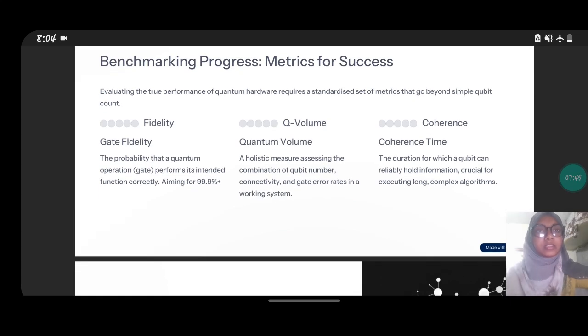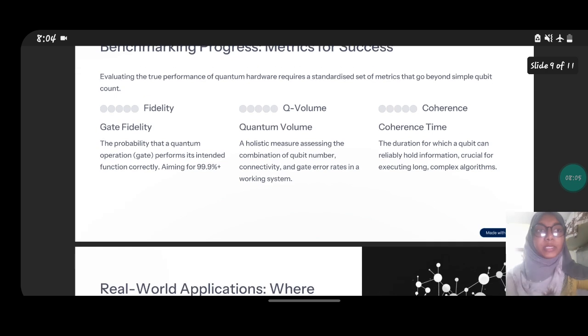Benchmarking progress, metrics for success: fidelity, quantum volume and coherence. Coming to fidelity, gate fidelity is the probability that a quantum operation performs its intended function correctly, aiming for 99.9%.